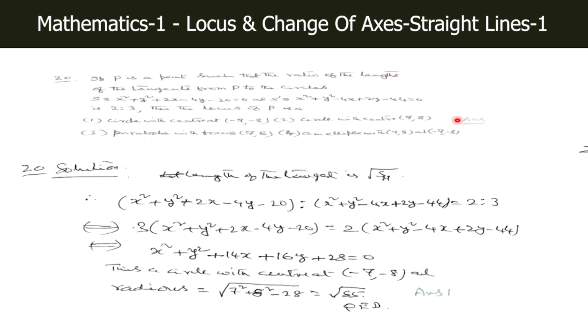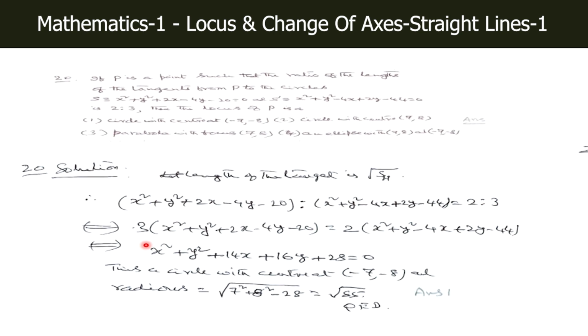And you know that if S = 0 is a circle in the standard form, then the length of the tangent from an external point (x1, y1) is nothing but the square root of S11. So as per that formula, the ratio of x² + y² + 2x - 4y - 20 to x² + y² - 4x + 2y - 44 is 2:3.